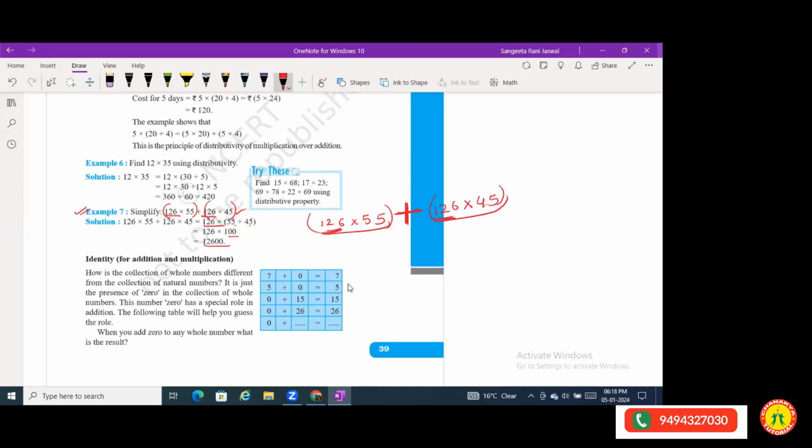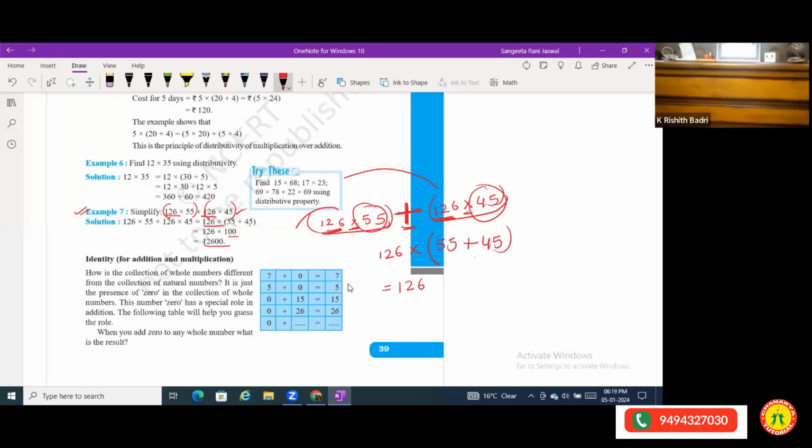Common means which is in both these numbers. So I take 126 out, multiplying. Here also it is multiplying. Now what is left inside the bracket? Here 55 is left, I will write 55. Here 45 is left, I will write 45. And the same plus sign in the middle. Understood this much? Yes, ma'am.